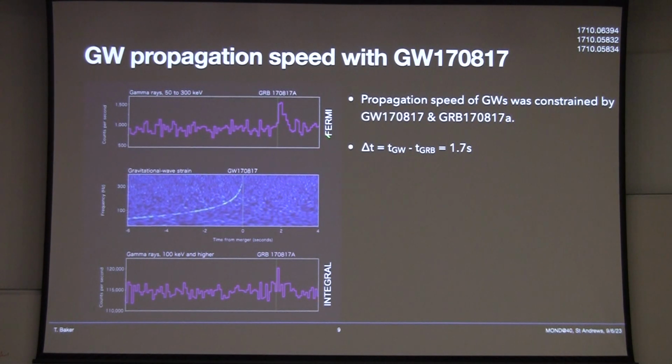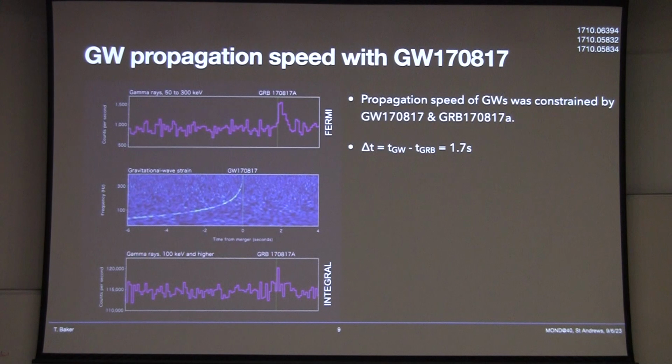And you can see, perhaps most clearly in Fermi, this bump, this peak in the gamma ray flux counts, and this was identified as the start of the EM counterpart. And the delay between the merger in the gravitational wave signal and the start of that counterpart is about 1.7 seconds.